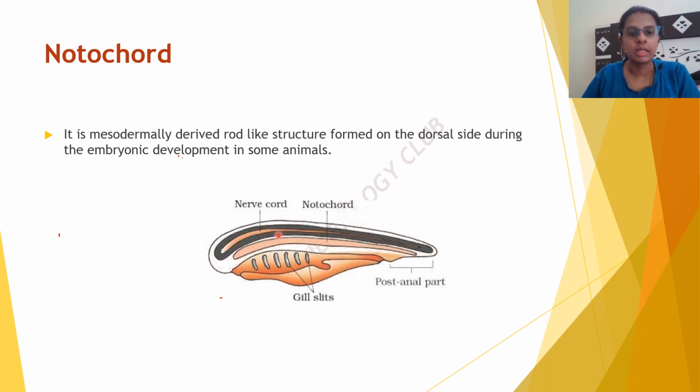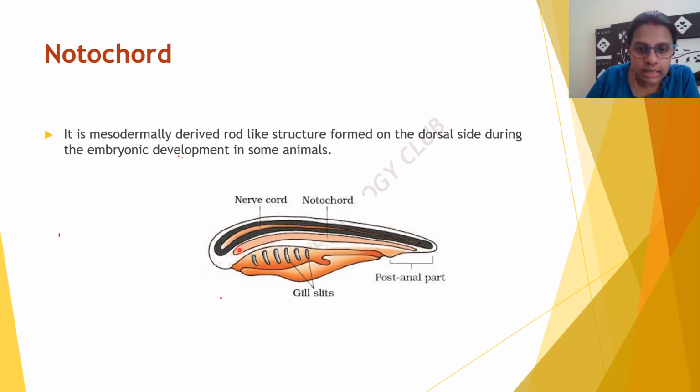As you can see, this layer is the notochord, and above that there is one nerve cord. In human beings, when the embryo becomes the fetus, this nerve cord will slowly become the spinal cord.